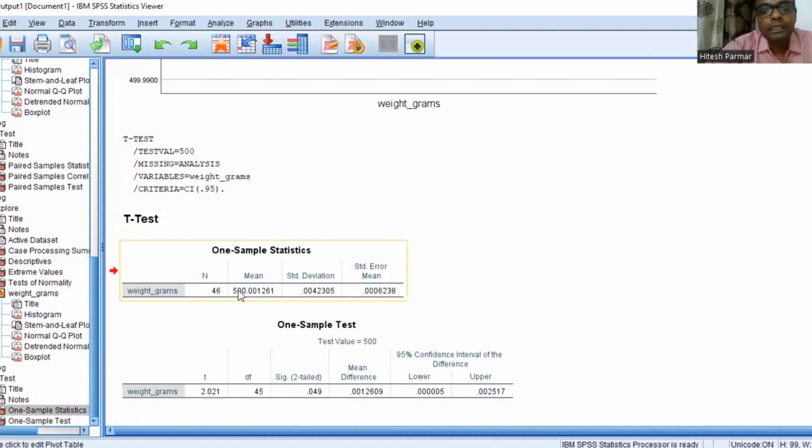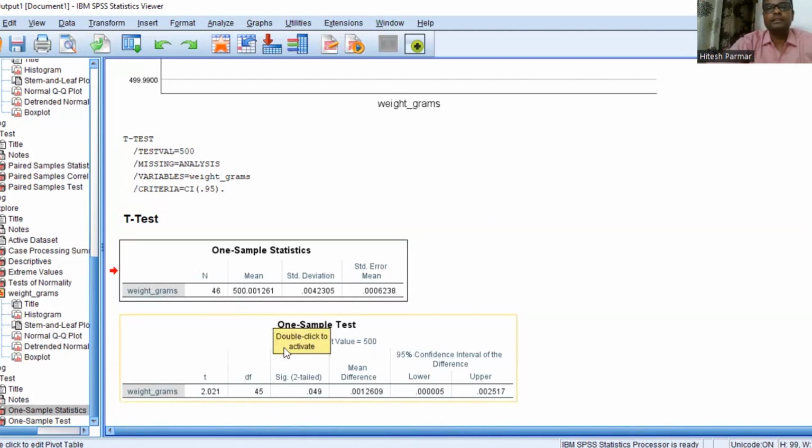So your sample mean is significantly different from 500. Though it is a very small, narrow difference, we still conclude it as a significant difference.